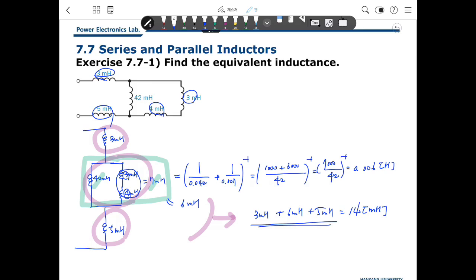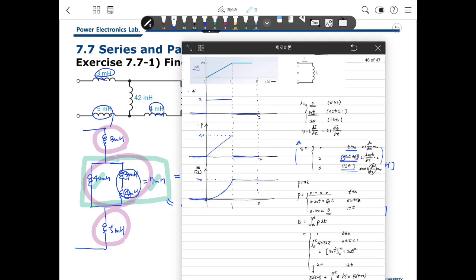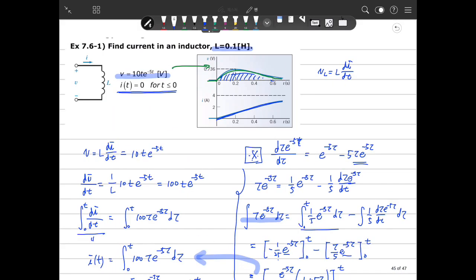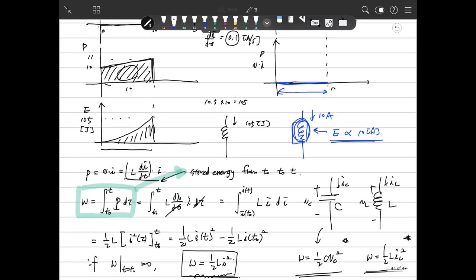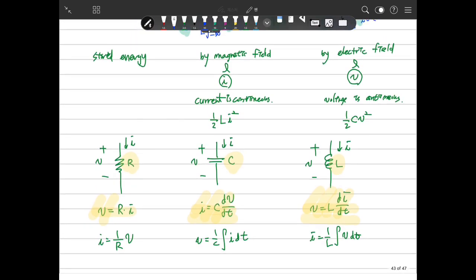It's very simple. The inductor is very similar to the resistor and capacitor from the viewpoint of the connection. So to summarize, we need to remember this table. In the case of a resistor, it does not store energy.